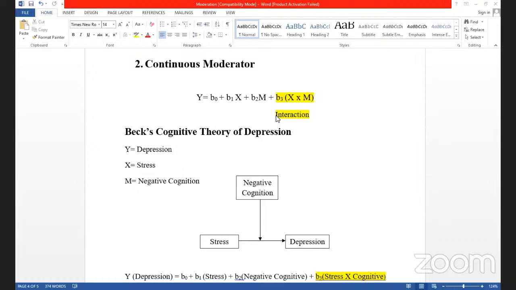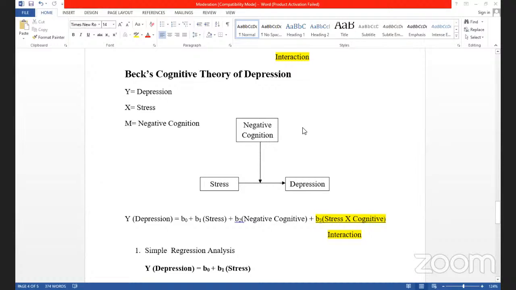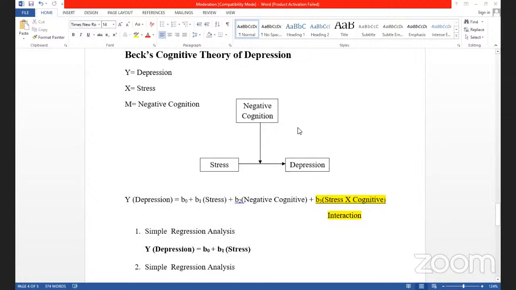In this case study, Beck's cognitive theory of depression suggests depression depends on stress, and another variable, negative cognition, can change the relationship between depression and stress. Depression is a continuous variable, stress is the independent continuous variable, and negative cognition is the moderator variable, also continuous. So all the three variables are continuous.